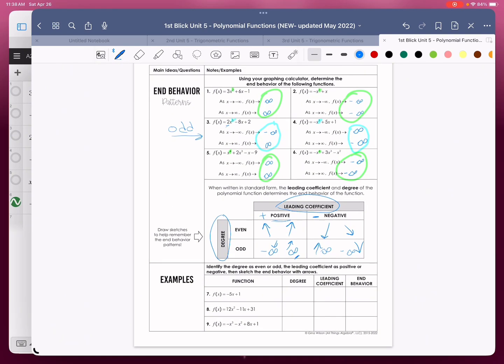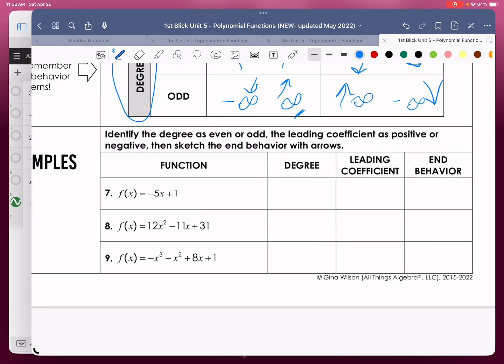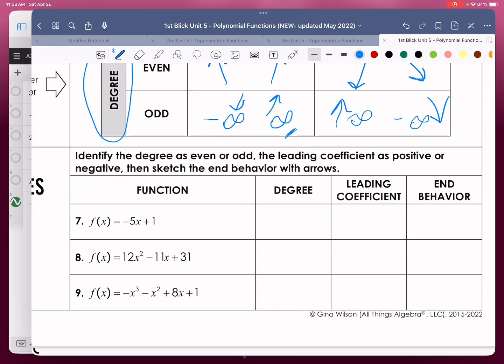We're going to look at some and we're going to see if we can determine end behavior without ever having to graph anything. So let's look at number 7. What is the degree of number 7? So you look at your exponents. What's your highest exponent? Well, it's a 1, which is odd. Now, is your leading coefficient positive or negative?